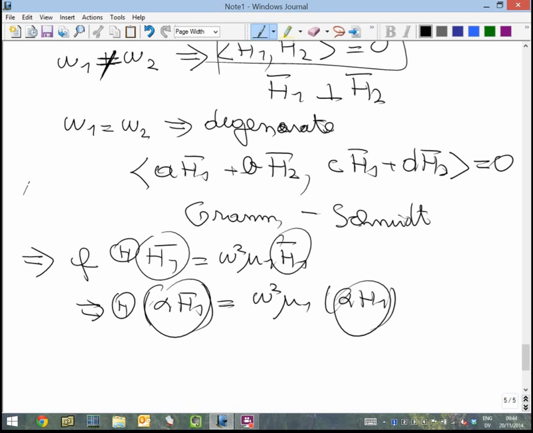However, here the terminology is that we don't say that h1 and alpha h1 are degenerate modes. No, we consider them to be the same mode. They're not really degenerate, we call them the same, simply because the relationship between the two of them is so trivial. Another way of saying it is that eigenfunctions, or eigenvectors from linear algebra, are only defined up to proportionality constants.